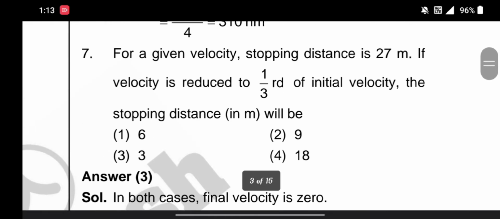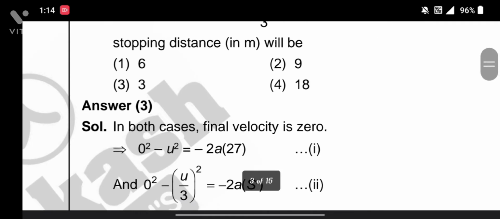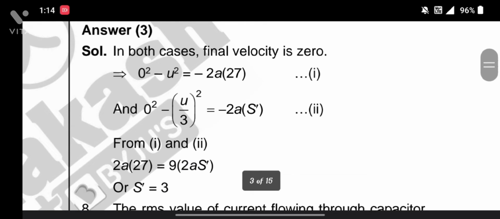In this, they have given a stopping distance of 27 meter. If its velocity is reduced to 1 by third of its initial velocity, then the stopping distance in meter is what we have to find. In both cases, the final velocity will be 0 only.